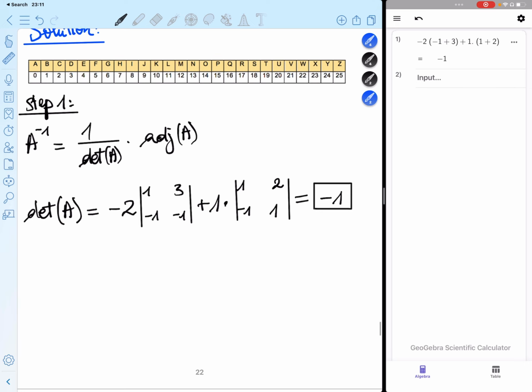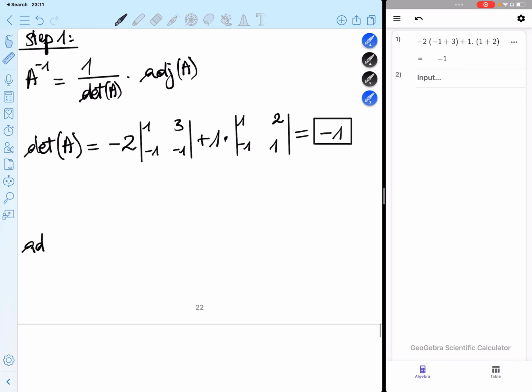Now we need to find the adjoint of A. So adjoint of A would be a big matrix. I'm going to put transpose here.